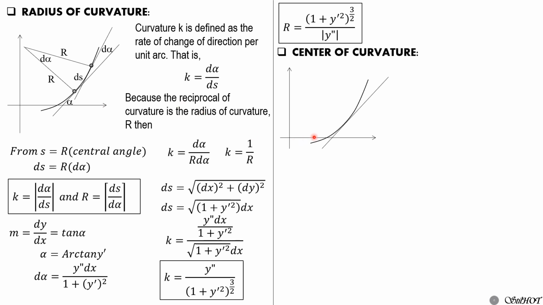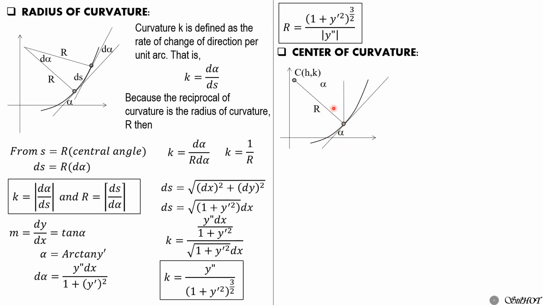So if that's the curve, we have the point of tangency, the angle that the tangent makes with the positive x-axis is alpha, and that's the center of curvature. The angle that this radius, which is perpendicular to the tangent, makes with the vertical is also alpha. So that's r. That's the center, h comma k.